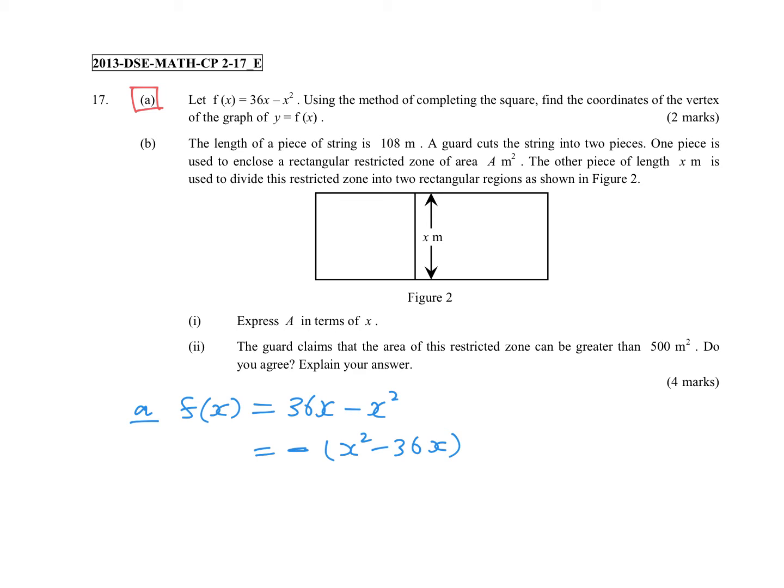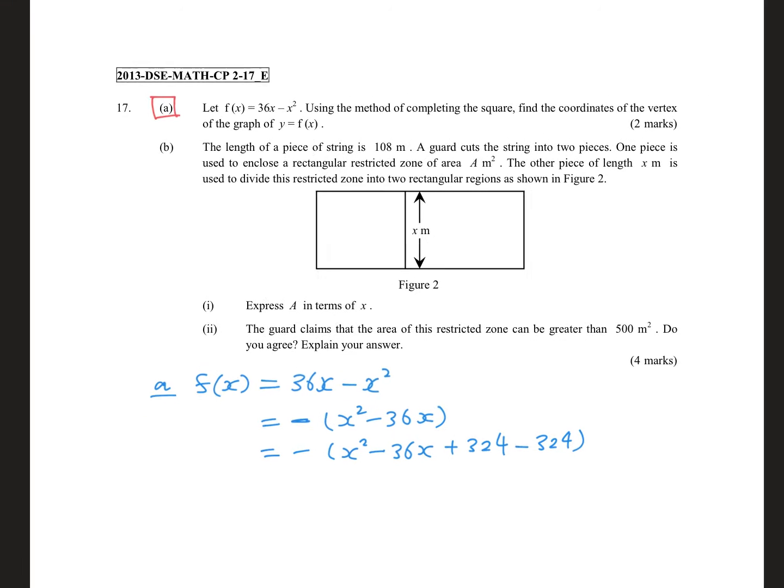Half it, that will be negative 18, and then square it. So that will be x squared minus 36x plus 324. And then in order to keep the equality, we need to minus 324 back.